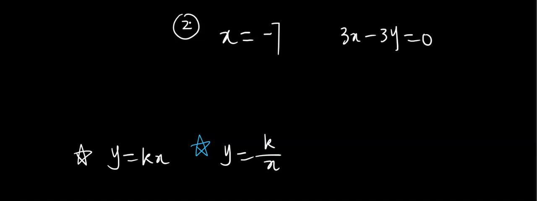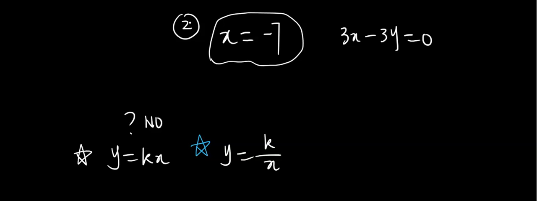Is it a direct variation, inverse variation, or neither? Ask yourself: can this be written as y equals kx? No. Can this be written as y equals k over x? No. Therefore, the answer is neither.